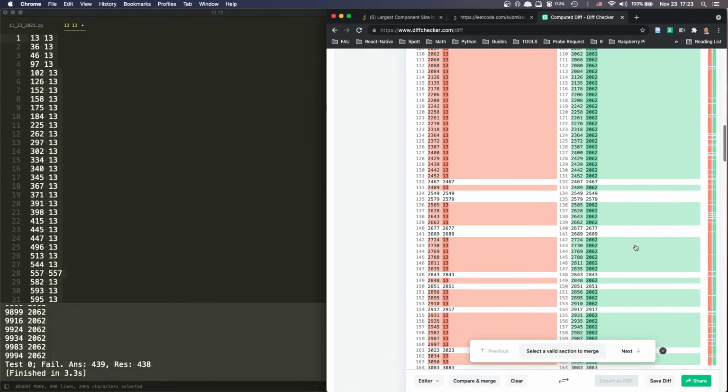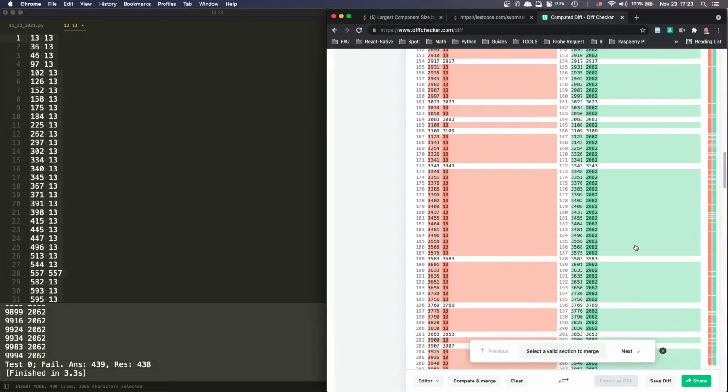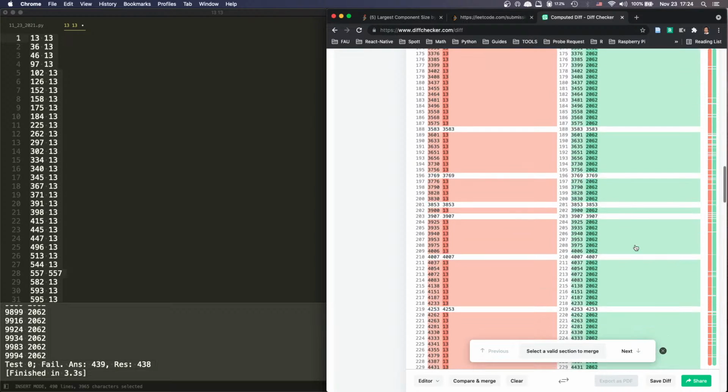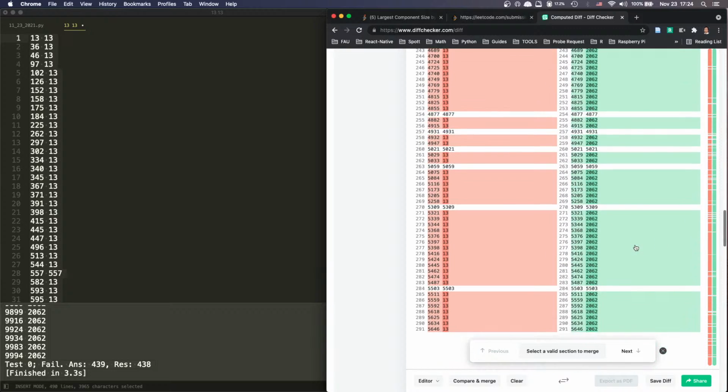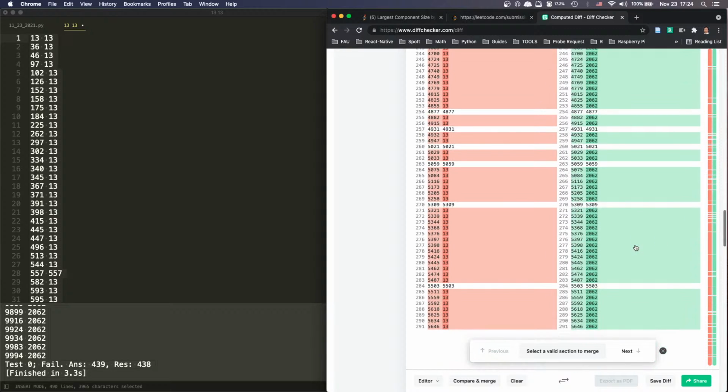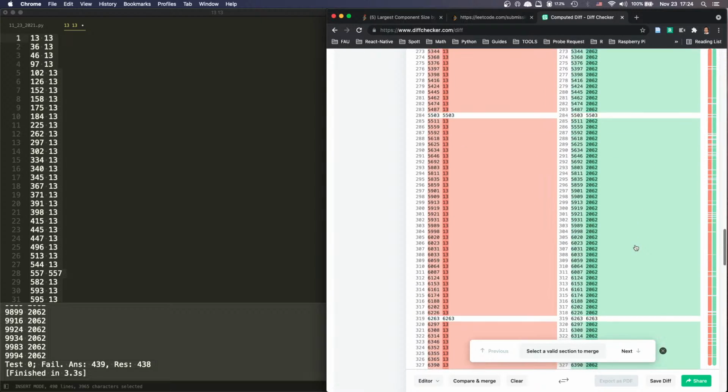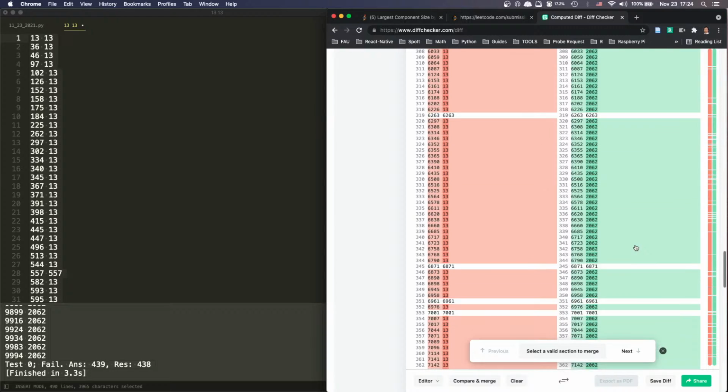Yeah, I will not be able to know which one is triggering the problem. Right? We don't know.